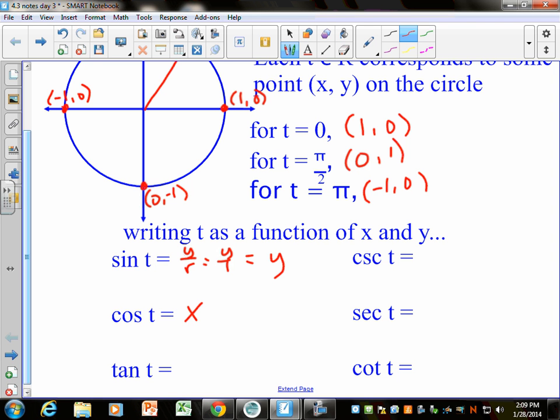The question that people have is, well, how do you know if you're in the unit circle? Here's what's kind of cool about it. No matter what angle they give you, you can use it on the unit circle if it's a special angle. So if they ask you to find the sine, cosine, tangent of any angle that we could draw a special triangle for, you can just use the unit circle values.